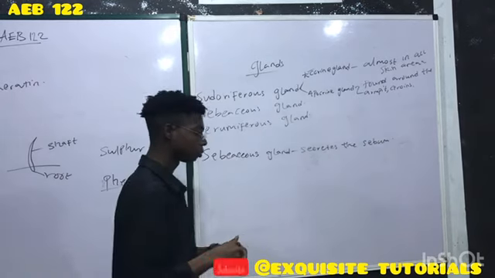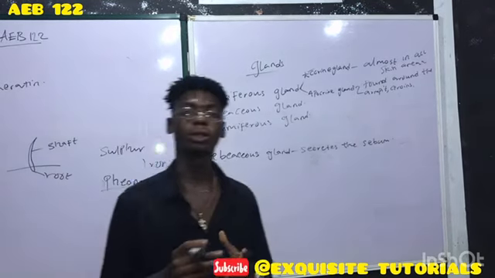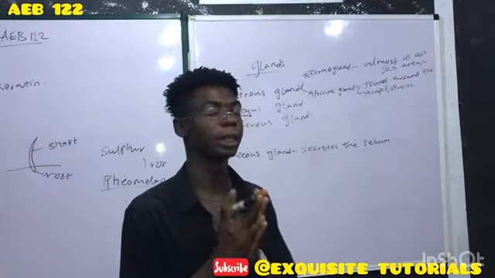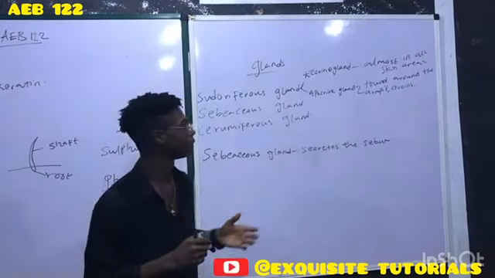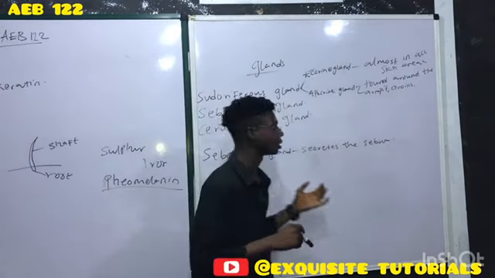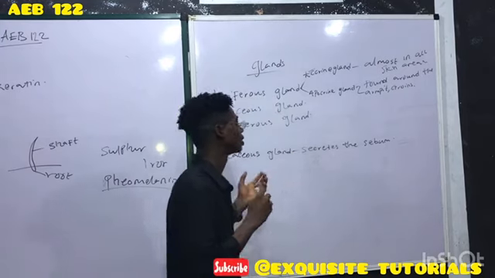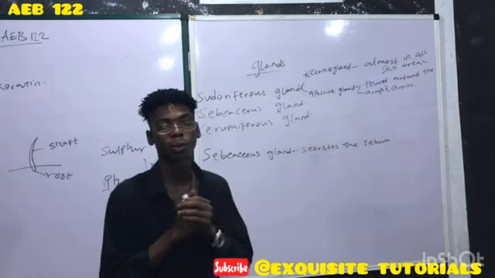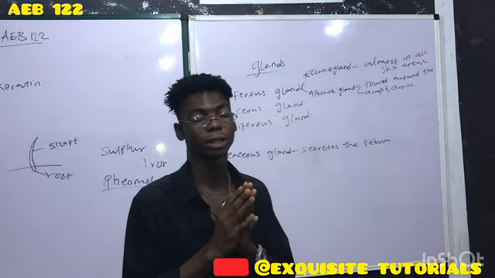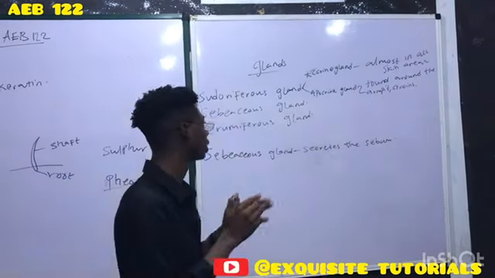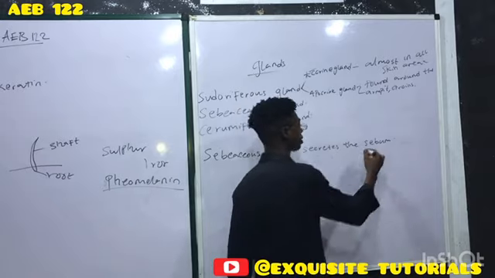Now the sebum, like I said, is an oily substance. It keeps the skin oily together with the hair. It's around the hair follicle, found in areas like around the face. It prevents the skin and the hair from getting dry. Please do not forget this, the sebum.